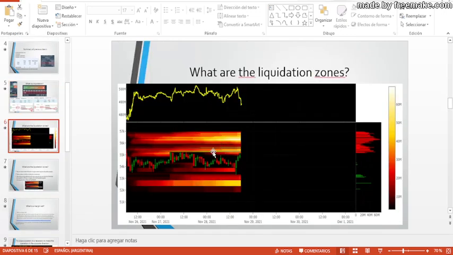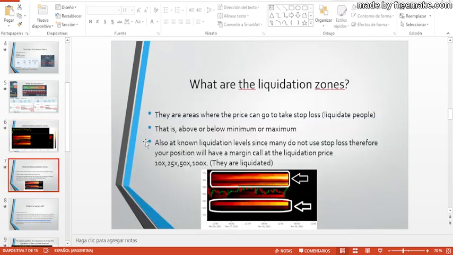So what are the liquidation zones? You can see the liquidation zones as the heat map shown in this chart. They are areas where the price can go to take stop losses and liquidate people.